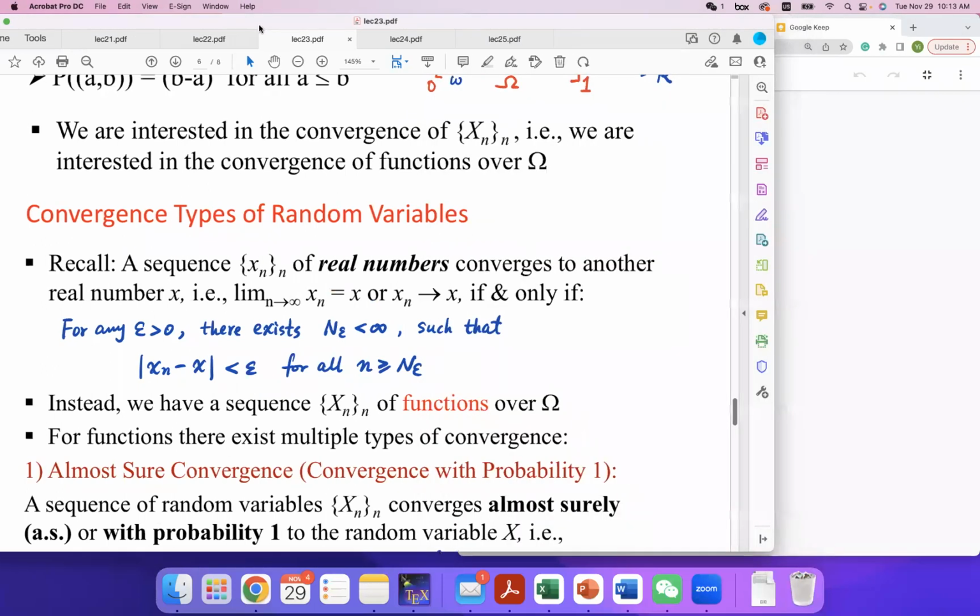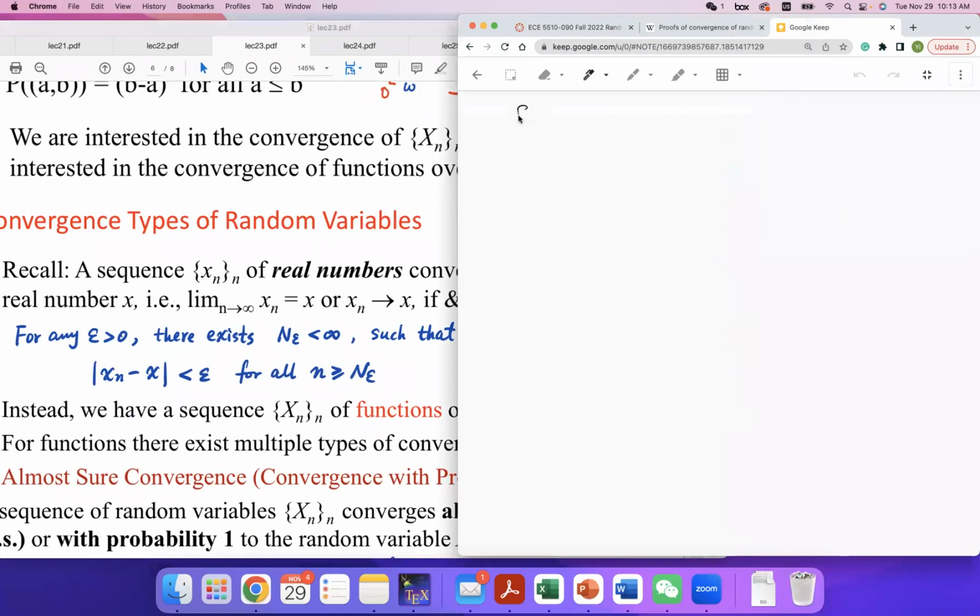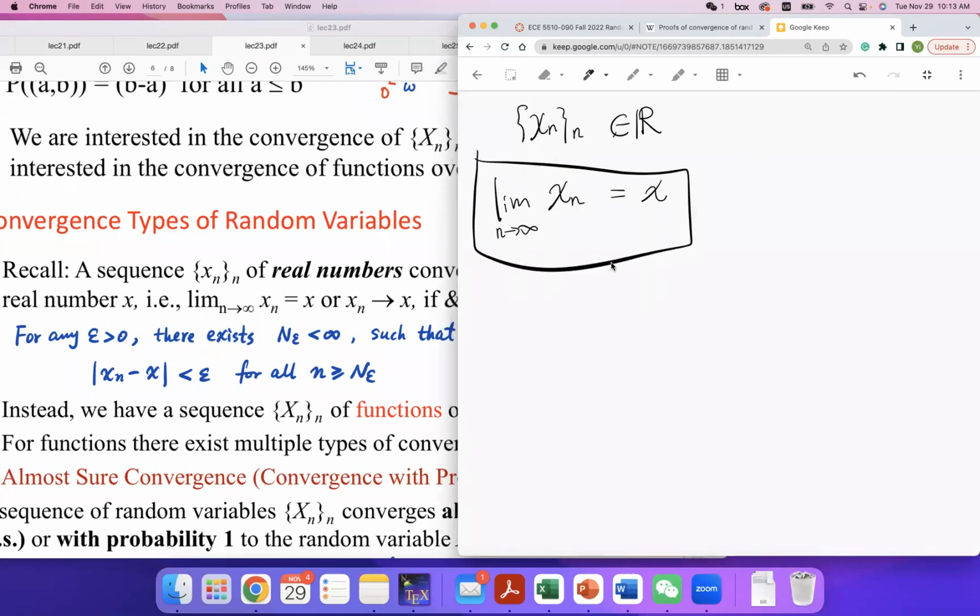So the notation that we use, when we have a sequence of real numbers and we write down limit xn equals x, is a notation to denote that this sequence of numbers in the limit converges to a certain number x.